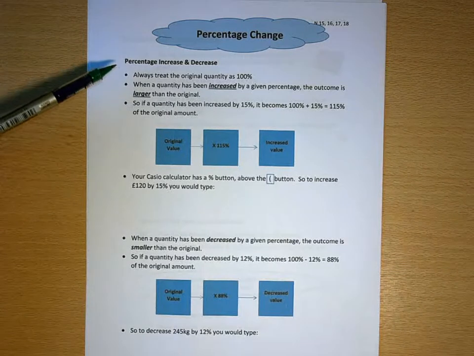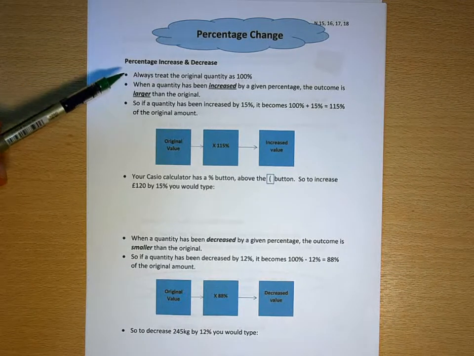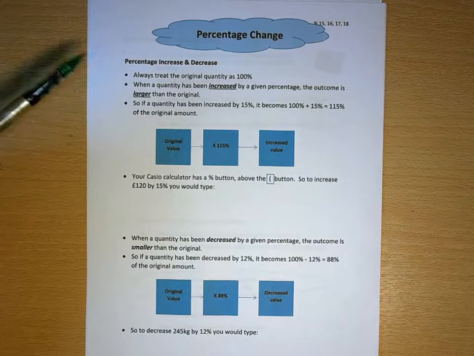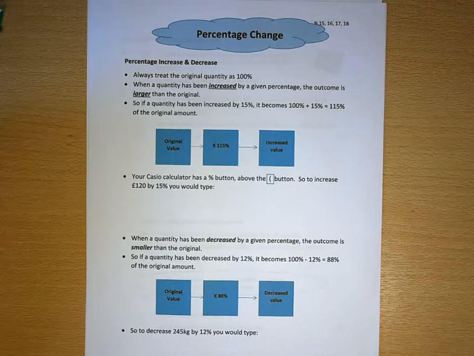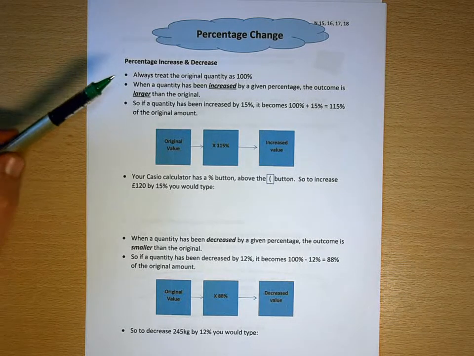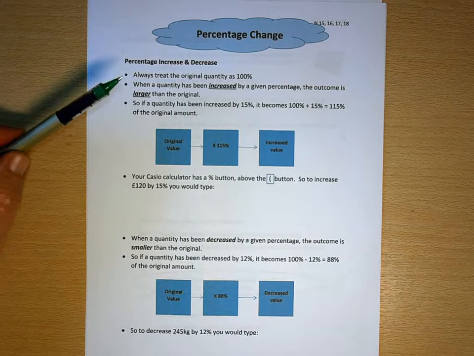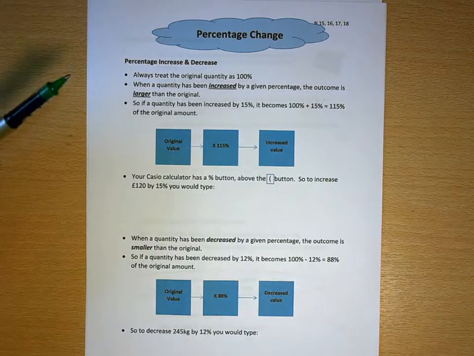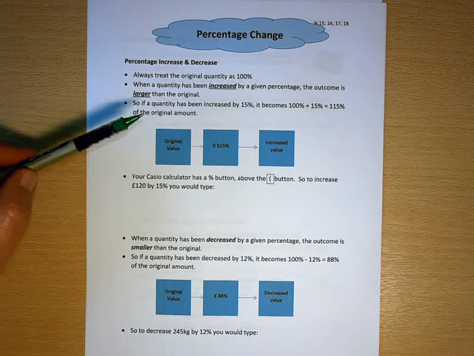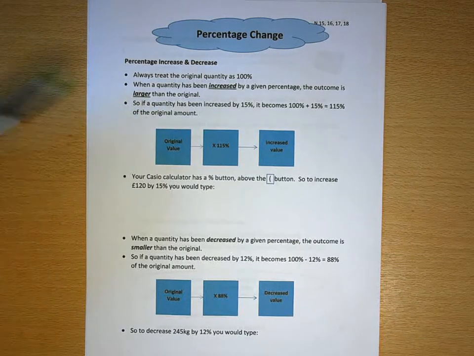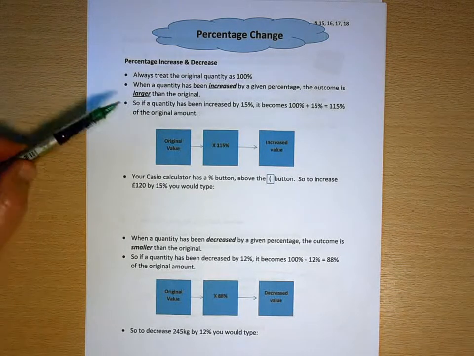The key starting point is that in your mind you have to treat the original amount, the original quantity, as 100%. And then any percentage increase onto that, rather than working out what the percentage of the quantity is and then adding that on, the way the multiplier works is we add the percentage on to the 100 and then work out the value from there.